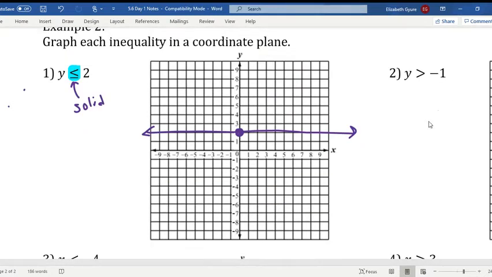Okay. Now the next question is, where do we need to shade? Well, this is y is less than or equal to 2. So if something's less than, it needs to be smaller than it. So if something's smaller, do you think we should shade above or below? Below, exactly. If it's less than, our answers are smaller, so you would shade below.